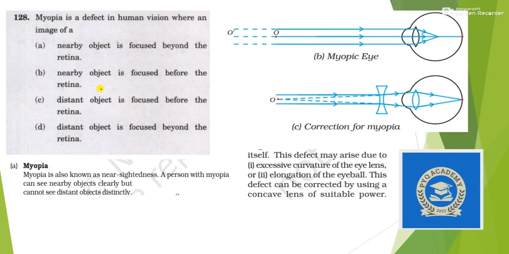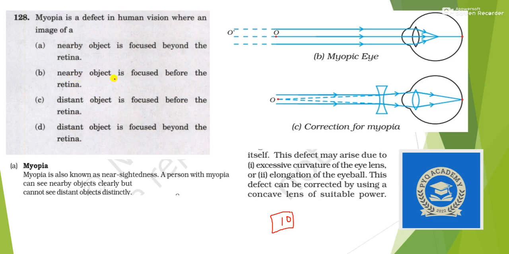This is a question directly from the chapter next to light of class 10. Myopia is a defect in human vision where an image of a nearby object is focused beyond the retina.